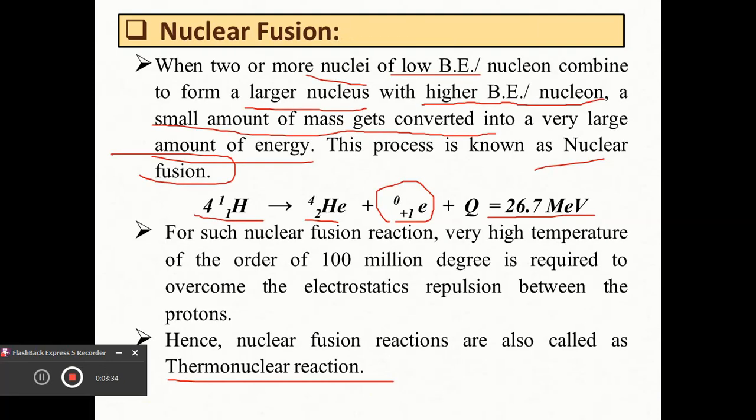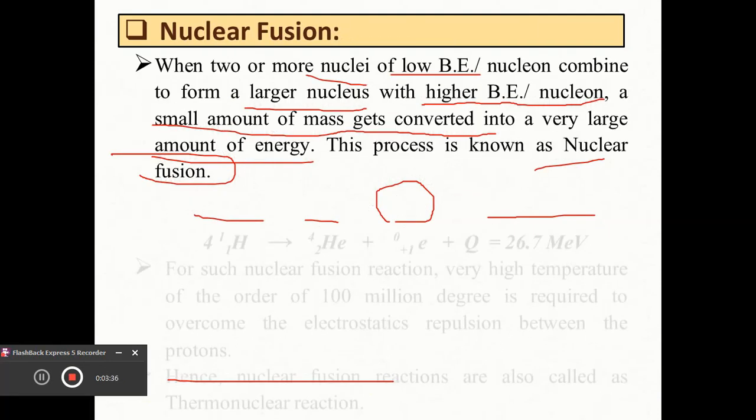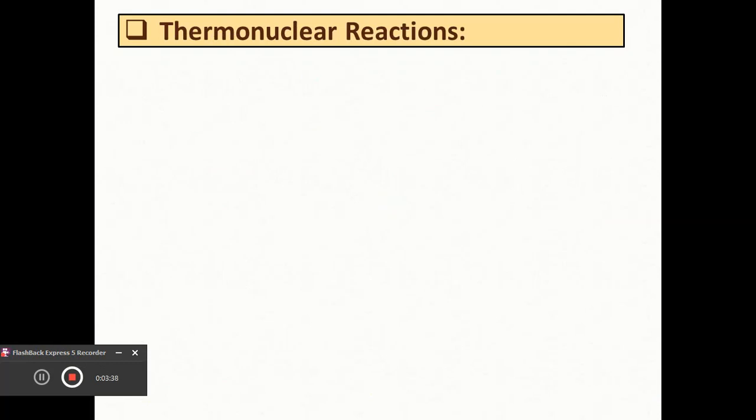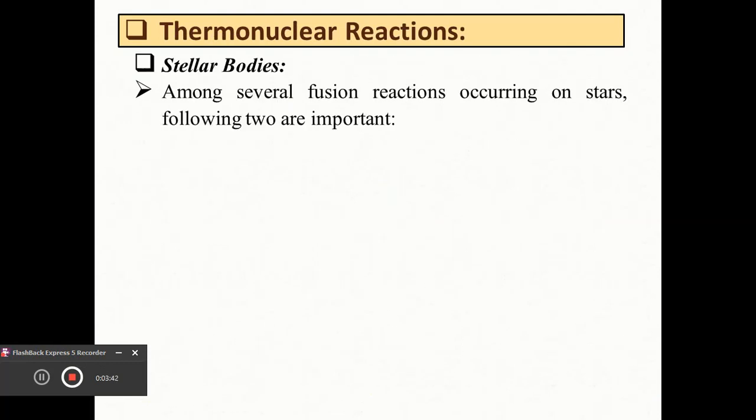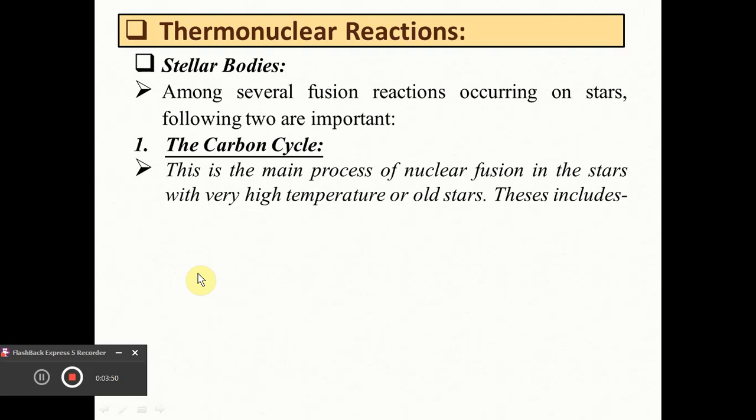So how does this thermonuclear reaction take place and how is it observed? This is one of the examples in which nuclear fusion takes place, and these are simply the stellar bodies. Among the several fusion reactions occurring in stars, the following are some important thermonuclear reactions.